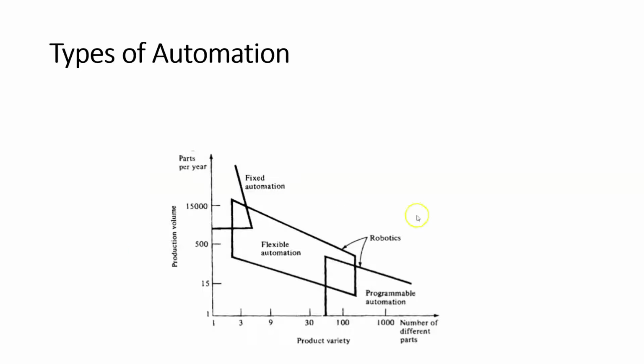On this chart here, on the x-axis we have product variety. This means the number of different products that we can manufacture. On the left-hand side, we have a very limited number of products. Think in terms of a blacksmith, right? A blacksmith can only make certain things.